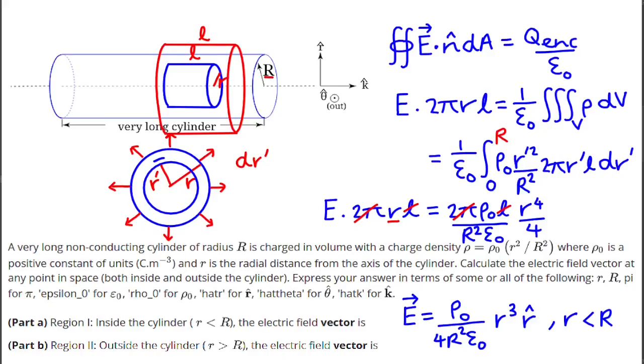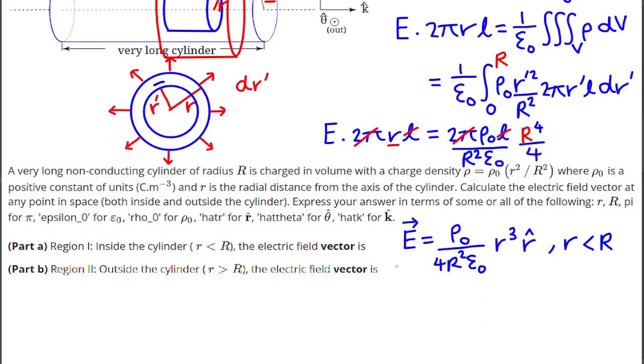So what we get is the radius of the cylinder to the power of 4, and the electric field is rho naught r squared over 4 epsilon naught times the reciprocal of r, and our electric field acts in a radial direction. So that's our electric field, where r is larger than the radius of the cylinder.